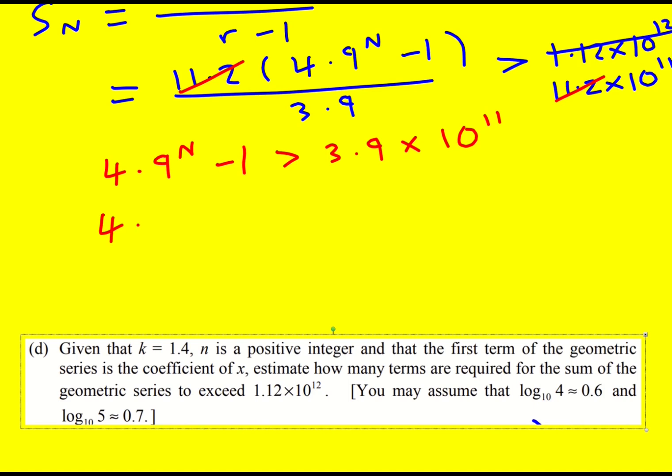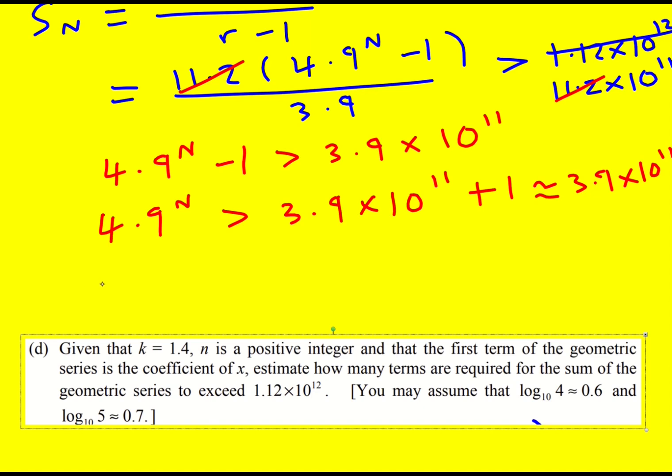So this means 4.9 to the n is greater than 3.9 times 10 to the 11 plus 1. Because this is such a big number, we can ignore the plus 1. This is approximately 3.9 times 10 to the 11.